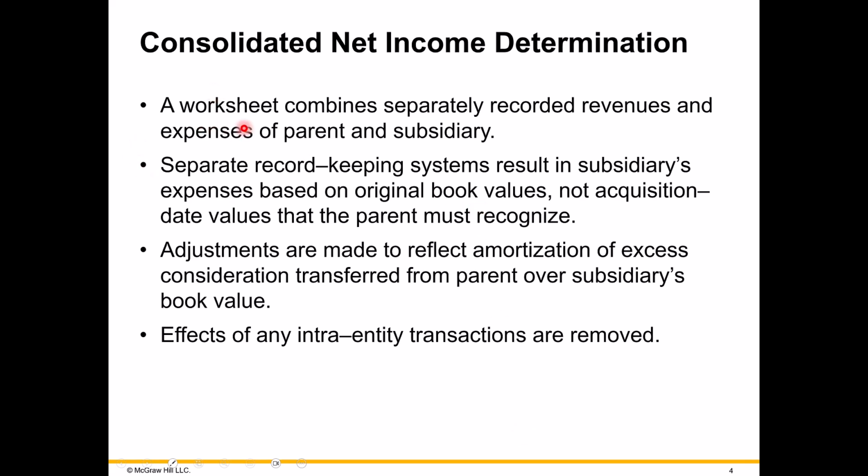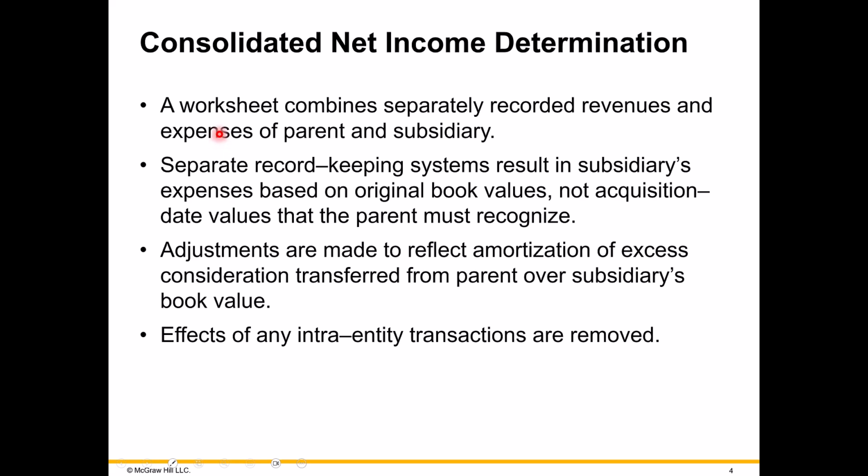So on this worksheet, we're going to be combining the parent's revenues with the subsidiaries' revenues and the parent's expenses with the subsidiary expenses. And then take the total revenue minus the total expenses to get the consolidated income or net income. But we still need to make some adjustments to that net income amount.